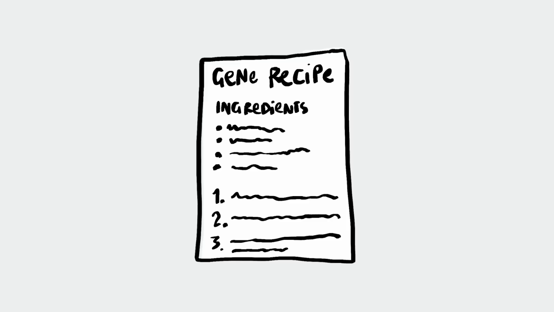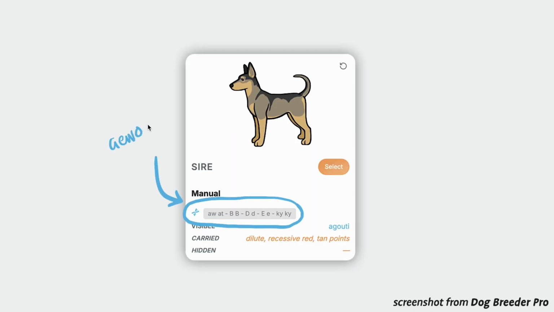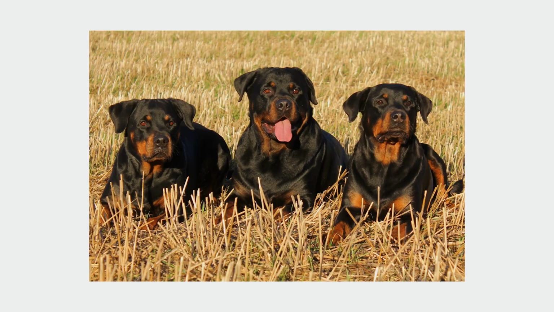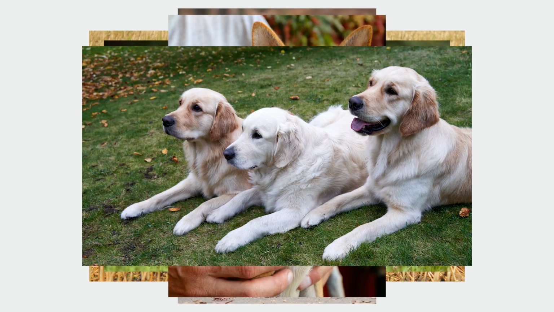Okay, so if a genotype is like the written recipe for our long hair lasagna, the phenotype is like the food itself, however gross that may be. It refers to what the dog actually looks like. There are lots of different terms people use to describe this for coat colors and patterns, like black and tan, tricolor, brindle, chocolate, sable, recessive red.